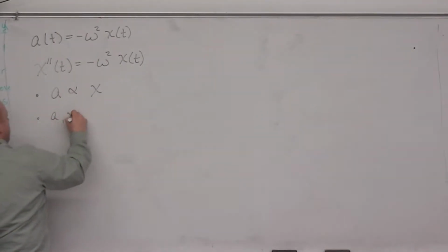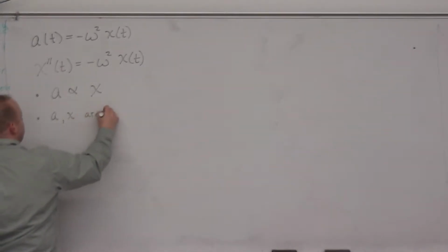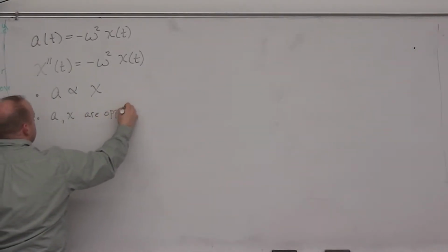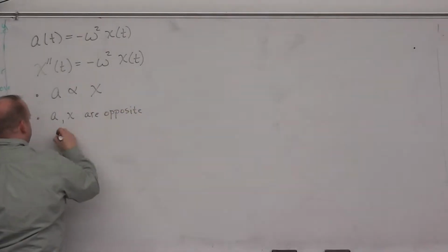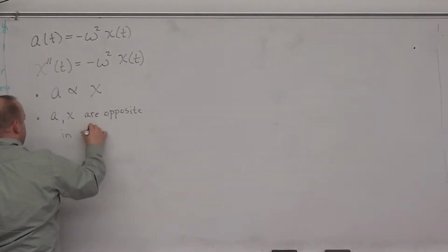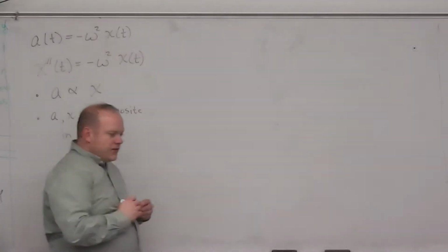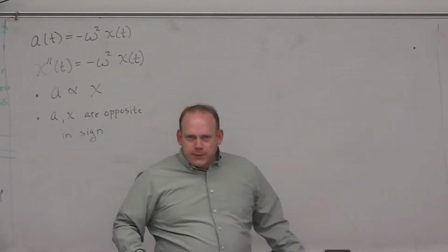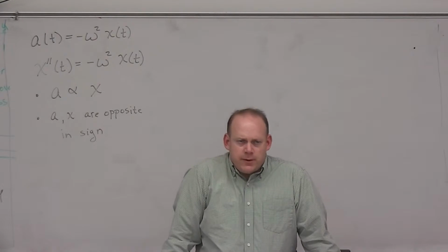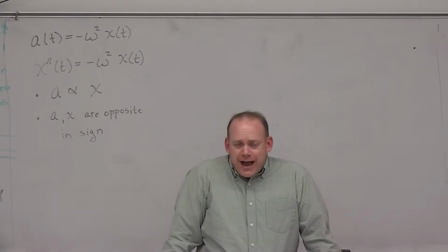A and x are opposite in sign. So, if A is at its maximum value, x is at its minimum value. When A is 0, x is 0.